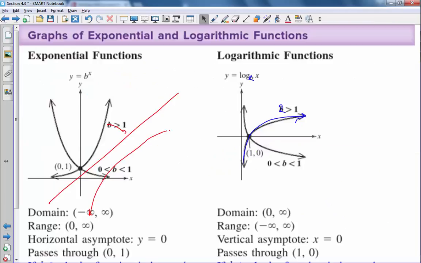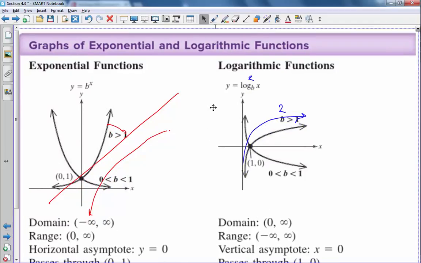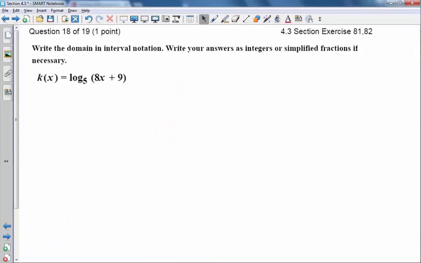Any logarithm must have only positive numbers going in. So we want to keep this inside positive. That's our goal in any domain finding question. This is not just x, some bunch of other items inside, but our goal is the same.